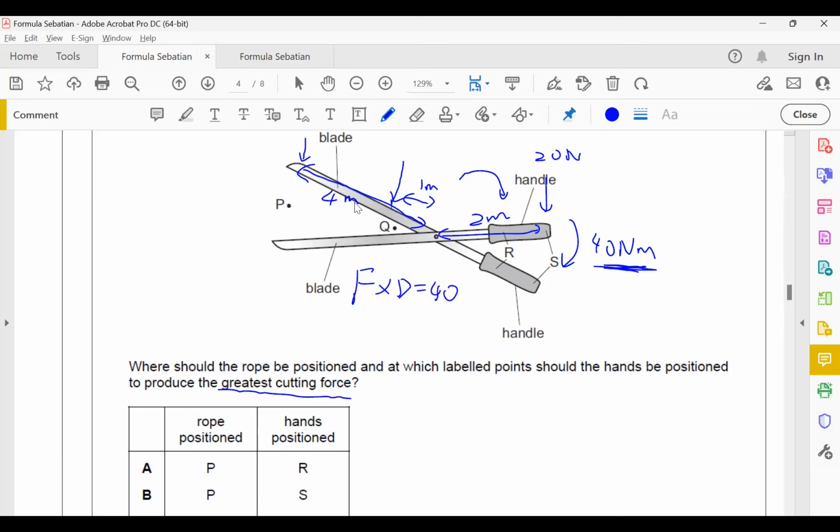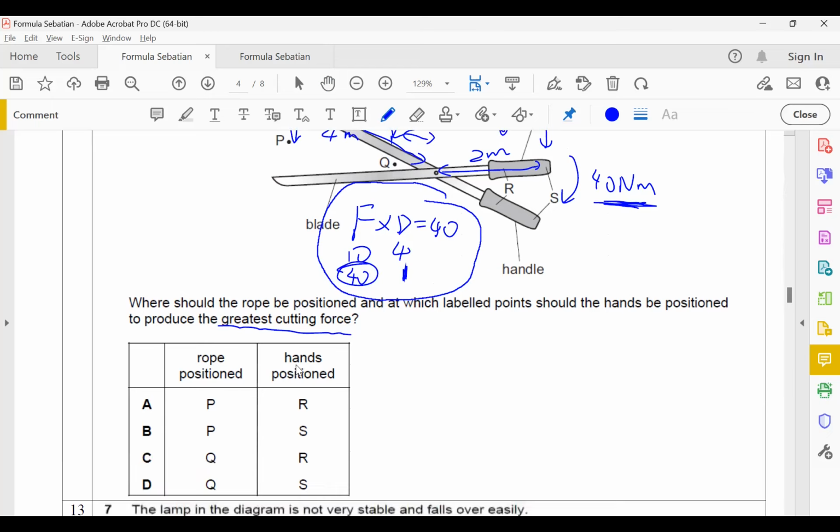This distance here is 4, so this will only generate 10 newton force only, whereas this distance here is 1, so it will generate a 40 newton force here. Can you see through calculation why we will instinctively put the object closer? Because with a closer object to the pivot, I actually generate a greater force. Do you see this or not? So obviously it's supposed to be Q and S.